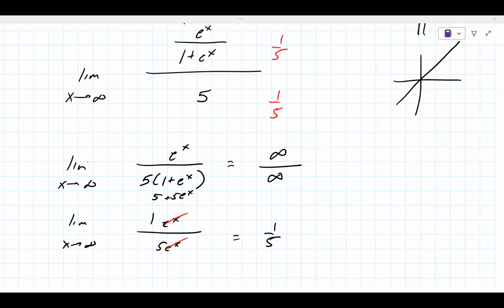All right, homework examples. Oh my gosh. All right.